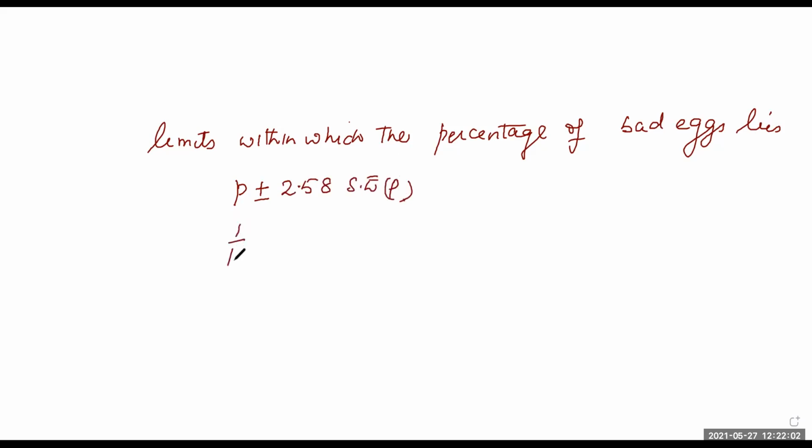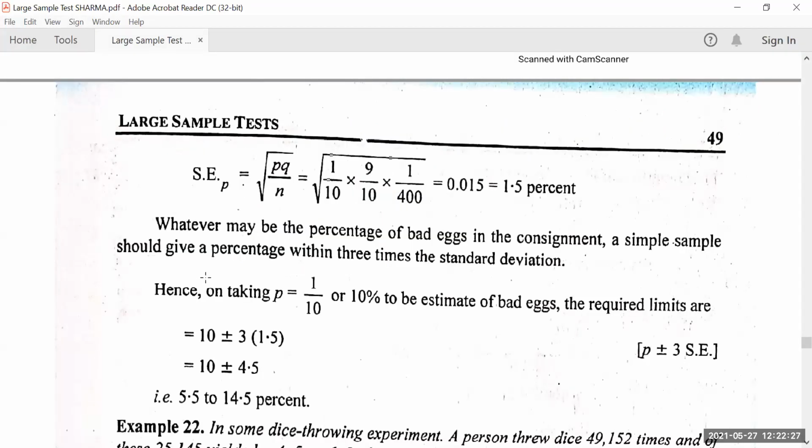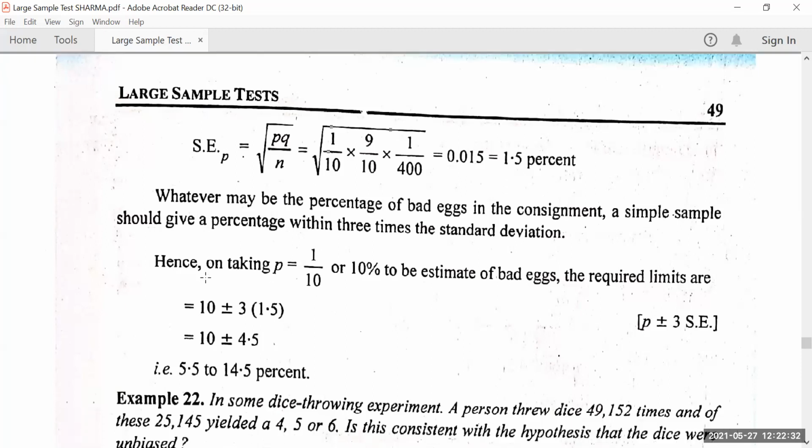P is 1/10, and the standard error of p is what we just calculated, 0.0015. So whatever value it gives, that will give the limits. So it means 5.5 to 14.5%. So these are the required limits.